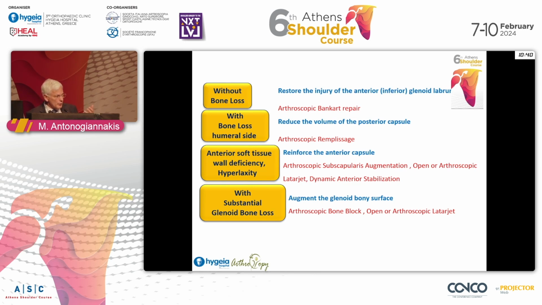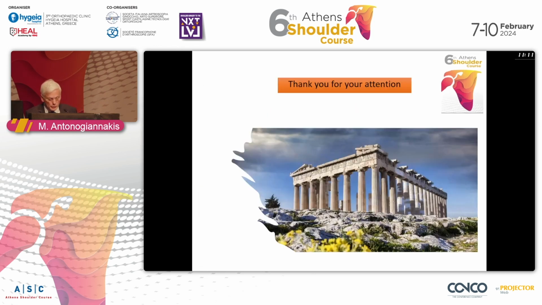If there is a problem with the posterior capsule, a very loose posterior capsule, remplissage is not only the filler of a defect on the humeral head, it also very effectively reduces the volume of the posterior capsule. And if we have substantial bone loss, we can augment the glenoid with an arthroscopic bone block or a Latarjet procedure. So we can start and decide during the operation what we can do.